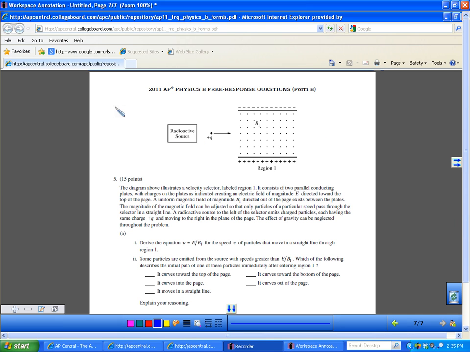Okay, so what I said was, all right, that's not too tough. I know that E is equal to F over Q, because that's just electric fields. And I also know that the force of an electric field can be rearranged by writing that equation differently, E times Q, and that if my particles are going to go straight through, then I can set those forces of the electric field and the magnetic field equal to each other.